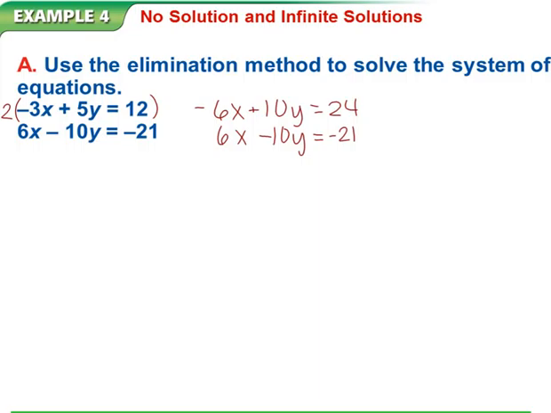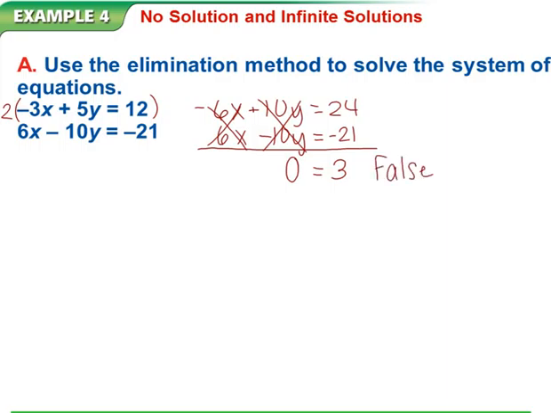All right, now when you add these two together, you'll notice that the x's cancel out, but the y's also cancel out as well. So really we have nothing over there. We have 0 on the left-hand side, and that equals 3. Now we have to decide, is that a true or a false statement? 0 does not equal 3, so that is a false statement.